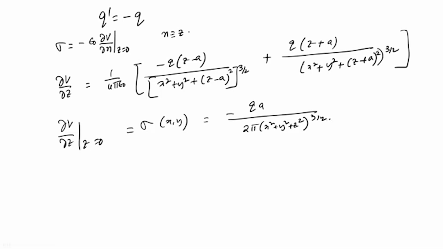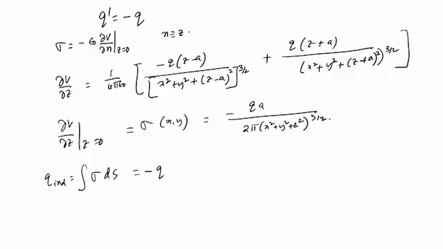The induced charge is negative because of the negative sign. And if you want to calculate the total induced charge, the integral of sigma ds, and transform it exactly the same way that we have done for the cylindrical coordinate system, you will get minus q.